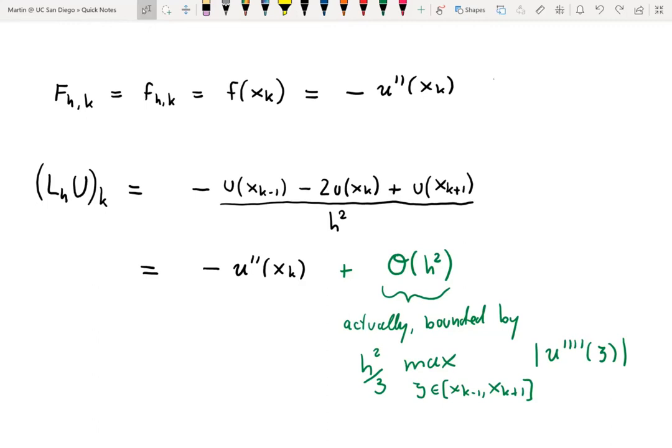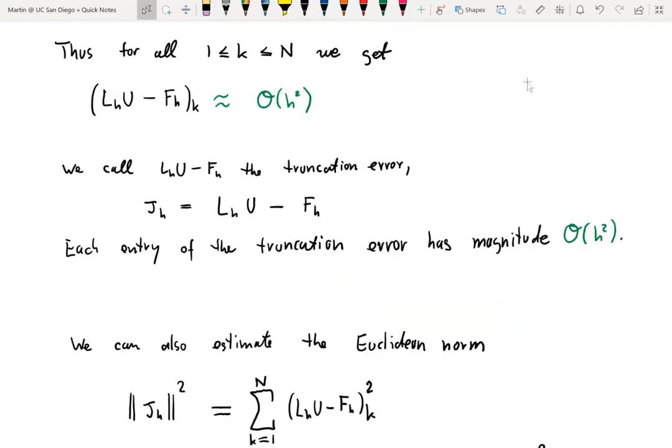Clearly that upper bound is of order h squared, and it looks a bit pedantic at first, but we are going to use that soon.